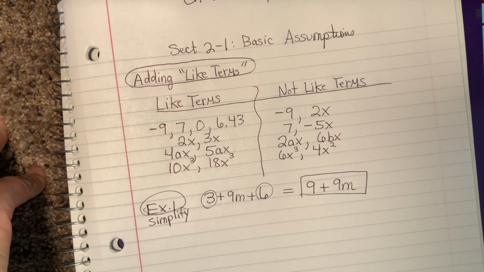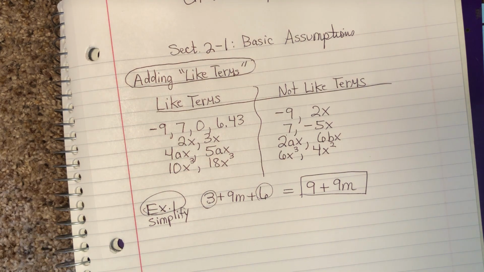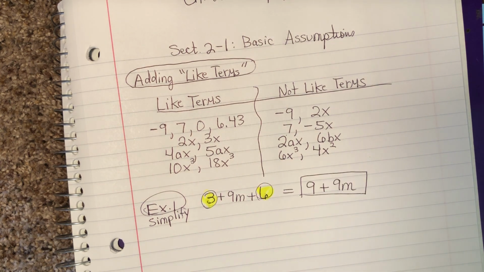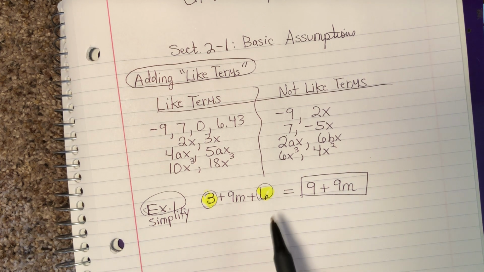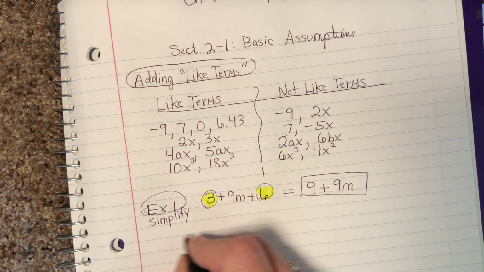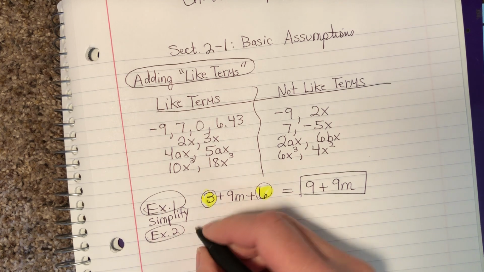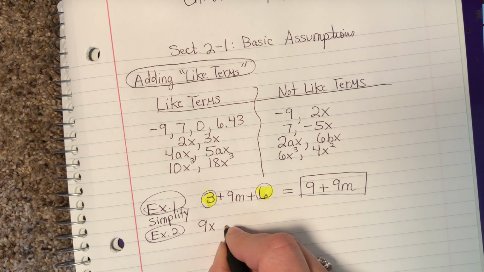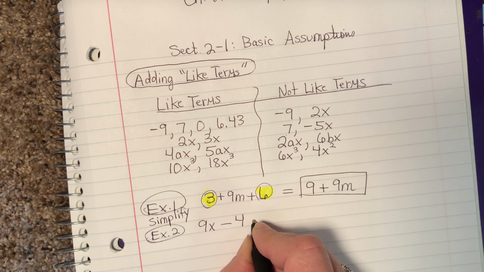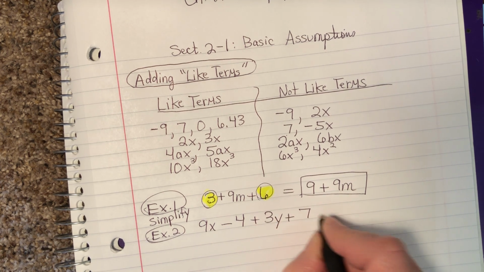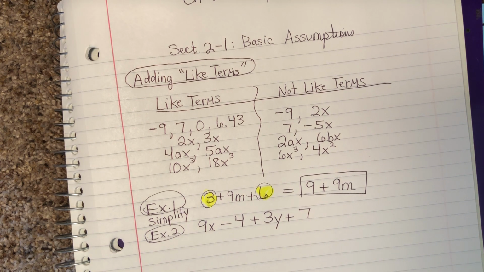Let me get a highlighter to do this. All right, so sometimes these are fairly simple in this section, but they can get more complex later on. So sometimes it's helpful to either highlight the like terms or circle them. Let's see, example 2. 9x minus 4 plus 3y plus 7. Okay, we want to simplify that.